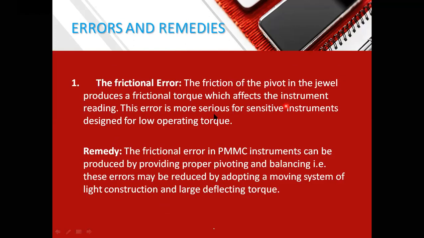Coming to our first error, which is frictional error. The friction of the pivot in the jewel produces a frictional torque which affects the instrument reading. This error is more serious for sensitive instruments designed for low operating torque.